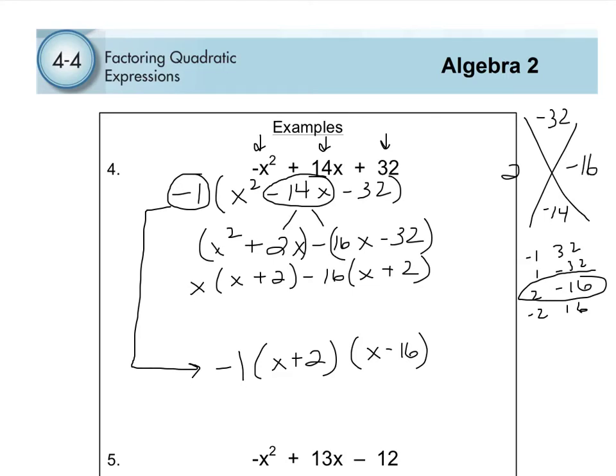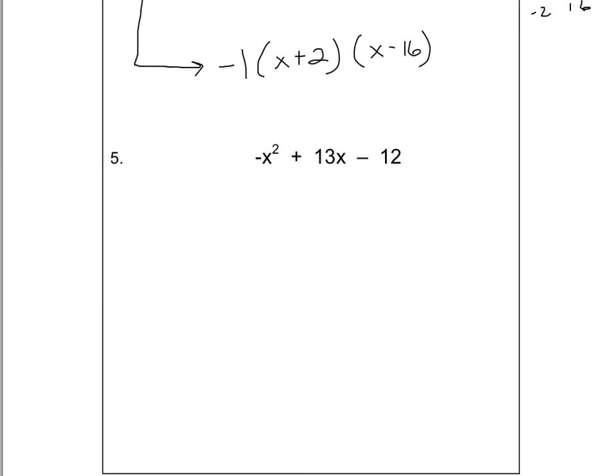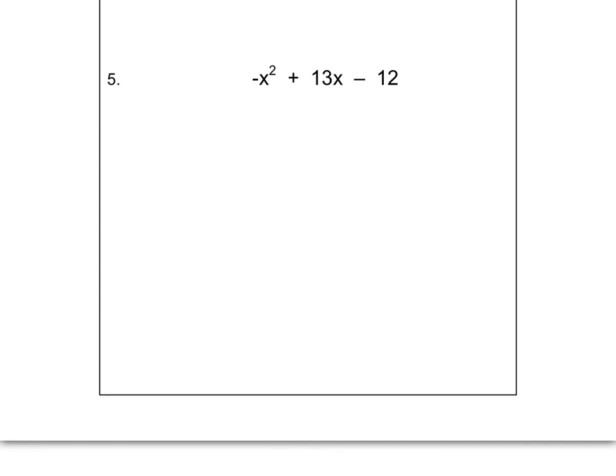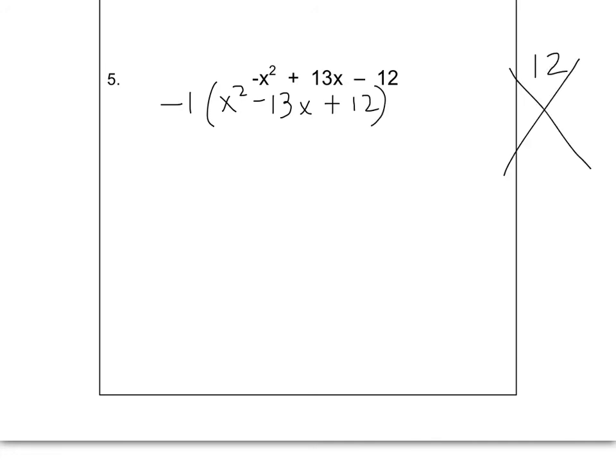Let's take a look here at example number 5. Again, we'll go through this quickly because it's pretty much the same thing. Again, we have to take out a negative 1 because we can't have a negative first term, which leaves an x squared minus 13x and a plus 12. So I need factors of positive 12, a times c, 1 times 12, that add to negative 13.